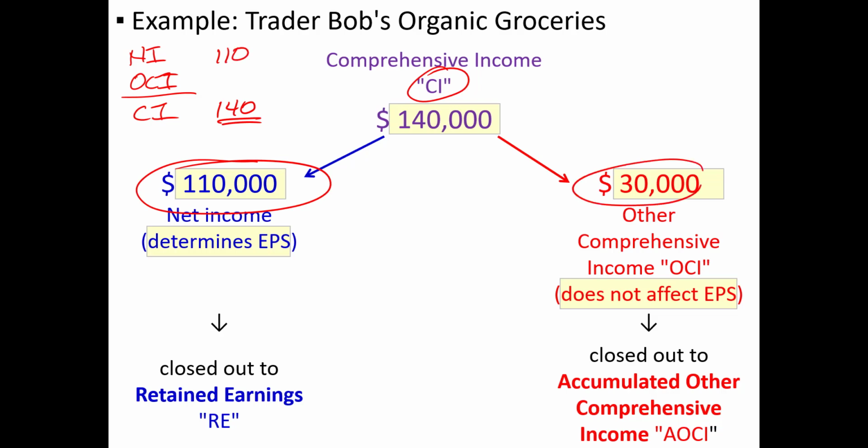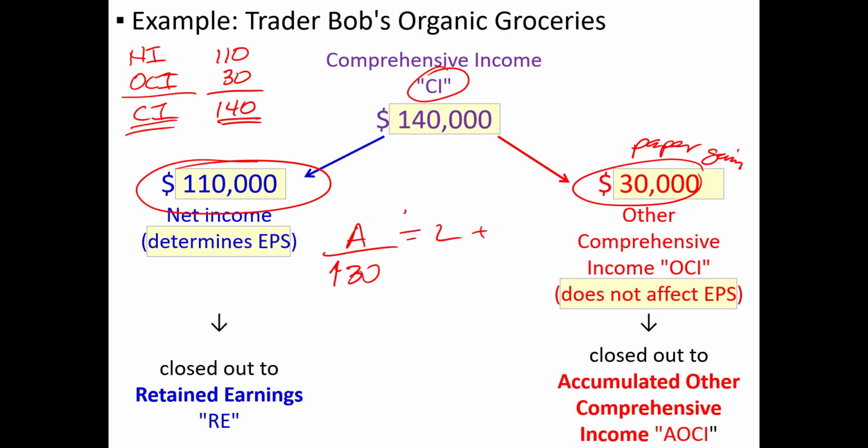Okay? There's this paper gain of 30. Let's keep that separate. Okay? Let's not mix that together with net income because we haven't actually cashed out on that. So why do we have this bottom line now called comprehensive income instead of net income? Is because there are certain things when we see assets go up by 30,000, right?